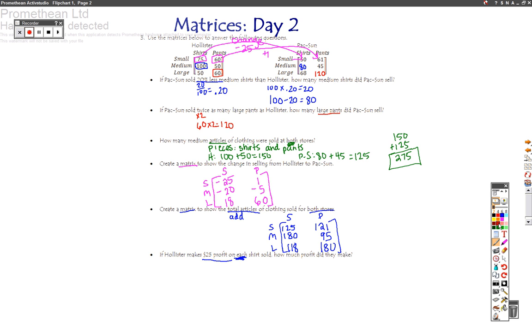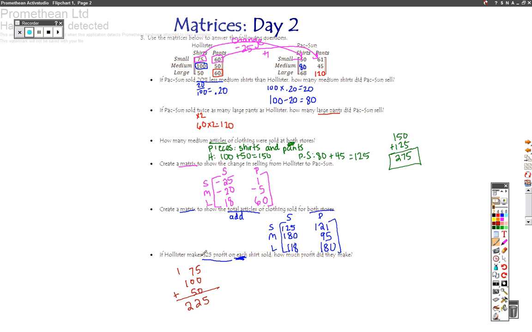I'm only looking at Hollister, and I'm only looking at the shirts that Hollister sold. So how many shirts? 75, 150. So when I add those, I get 5, 2, carry a 1, 225.